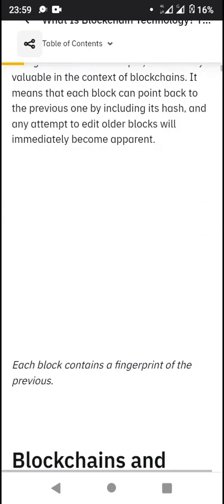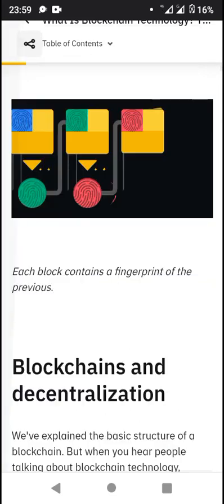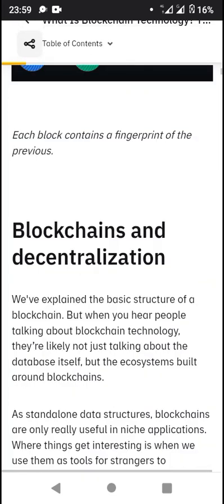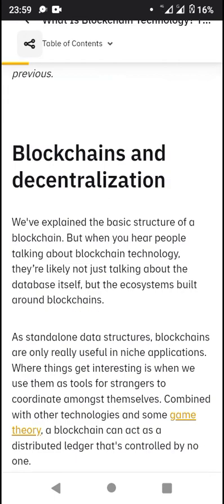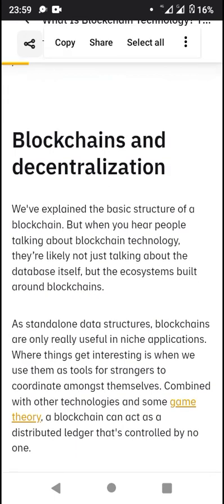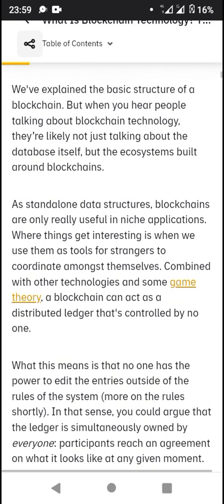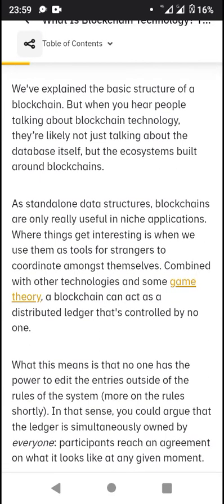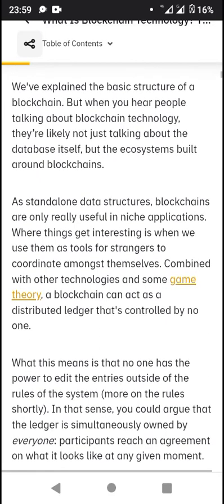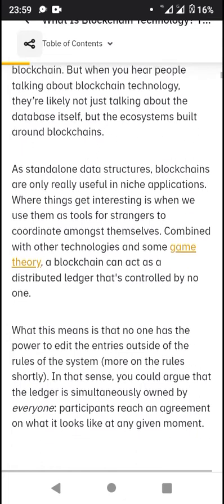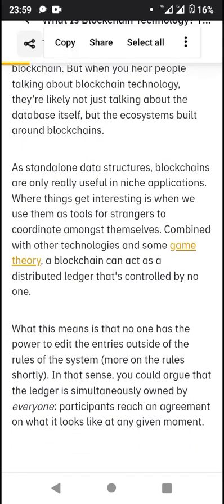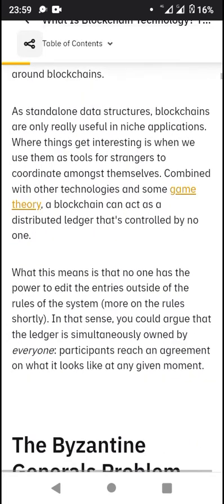Blockchains and decentralization. As standalone data structures, blockchains are only really useful in niche applications. Where things get interesting is when we use them as tools for strangers to coordinate amongst themselves, combined with other technologies and some game theory. A blockchain can act as a distributed ledger that's controlled by no one.